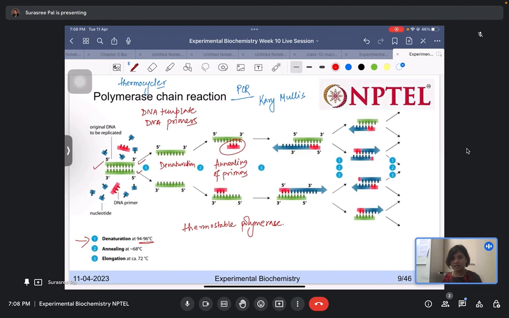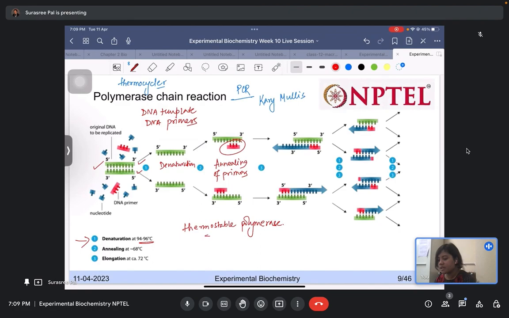At 95 degrees centigrade, the denaturation is occurring, and the polymerase has to resist such a temperature. The polymerase cannot be degraded, because a polymerase is a protein, and we have studied before that proteins are degraded at such high temperature, which is why we boil proteins and then run them on SDS-PAGE. So we require a thermostable polymerase, which will not be degraded at this temperature.